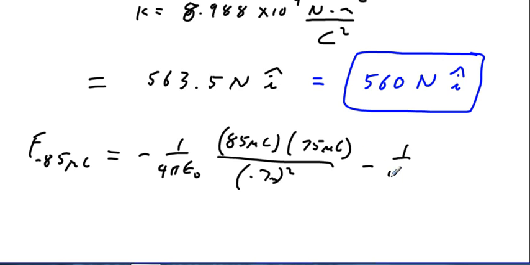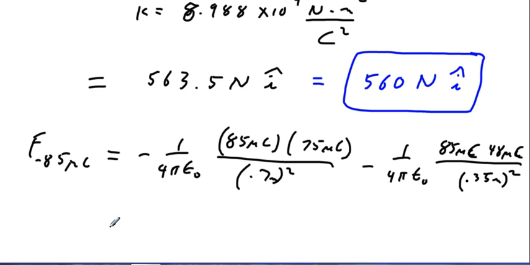Minus 1 over 4 pi epsilon naught, and 85 microcoulombs, 48 microcoulombs divided by, that's a capital C in case anybody's wondering, 0.35 meters squared. And I'm going to run those numbers through my calculator.